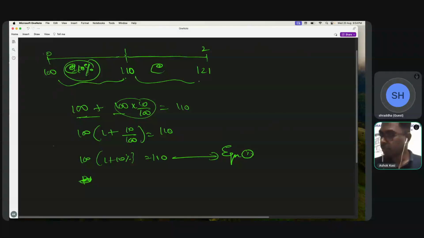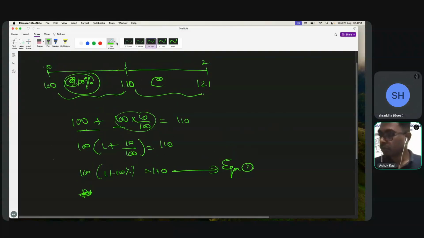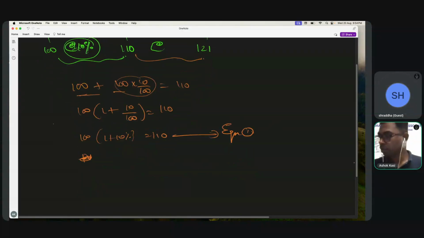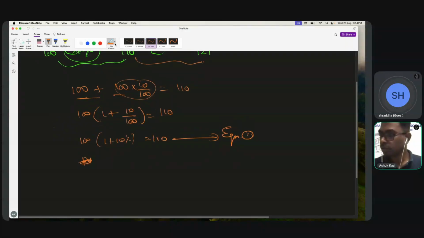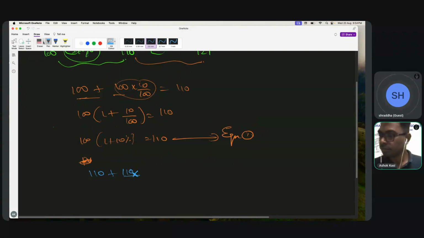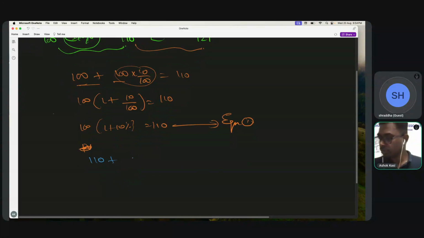Okay, and then 110 becomes 121. So that will be 110 plus 10 percentage of 110 is equal to 121.